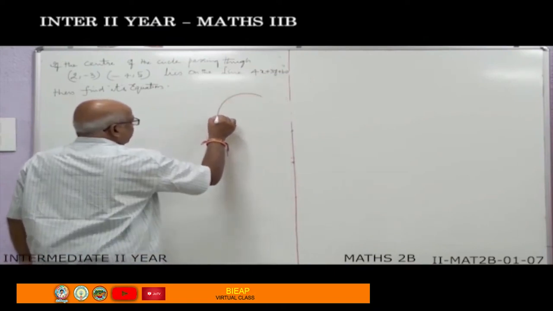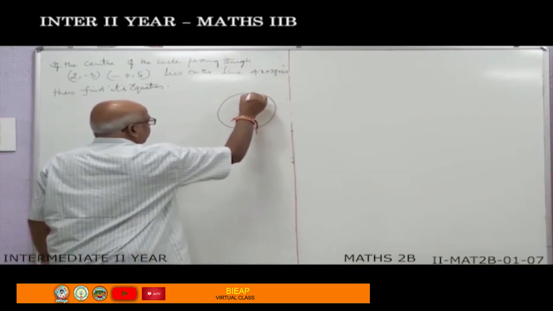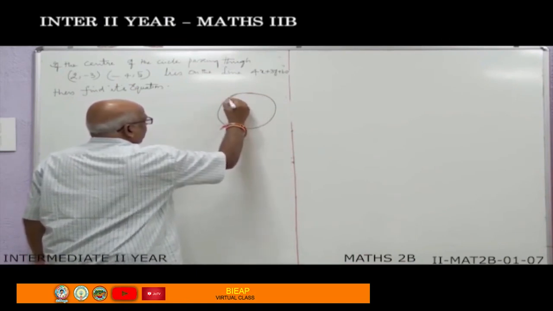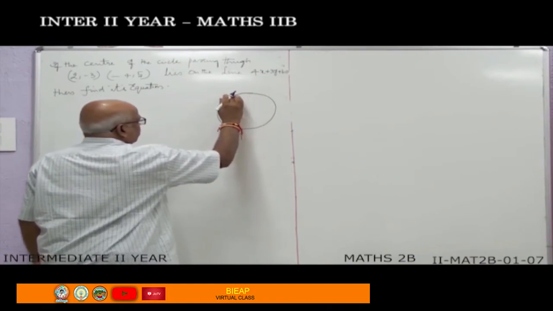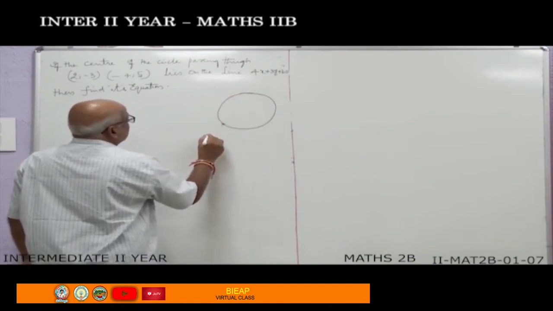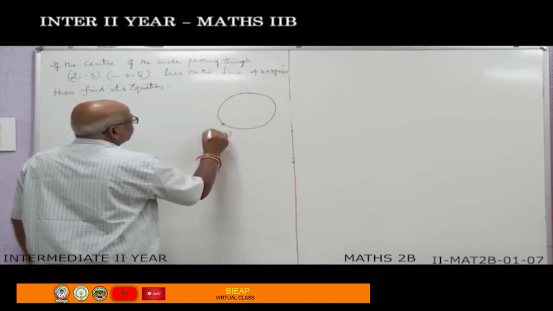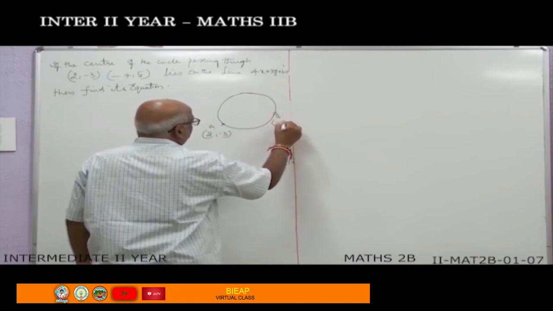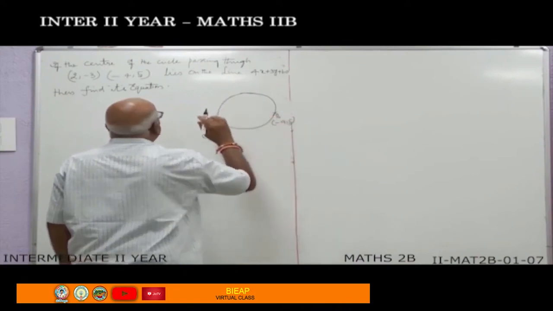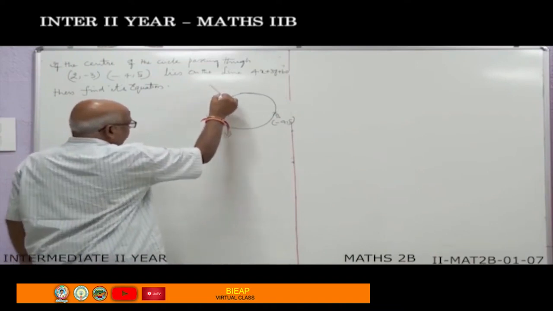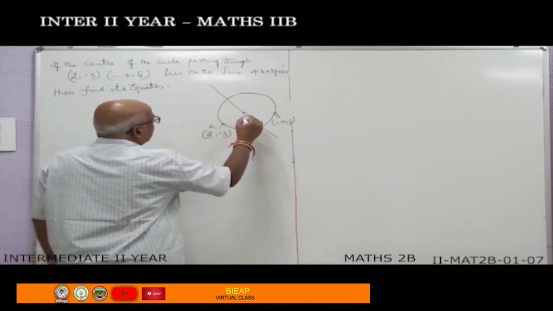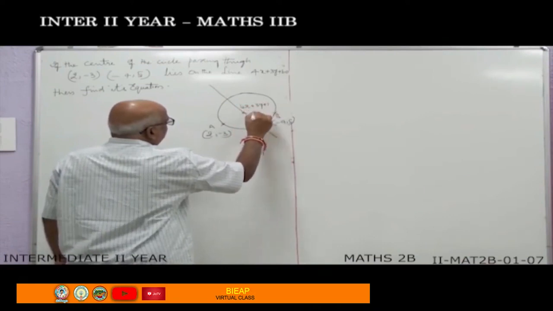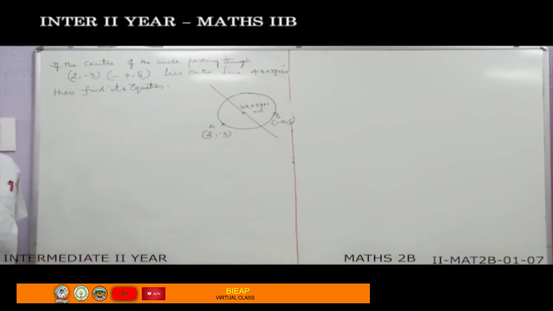Here this is the circle, and that circle is passing through the point A(2, -3) and another point B(-4, 5). Its center is lying on this line. Then what is its equation? That is the present problem.